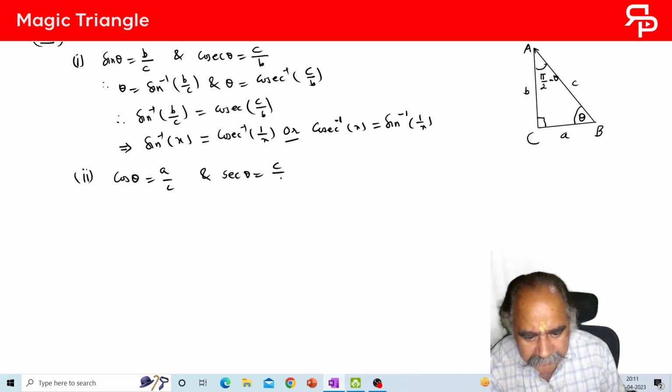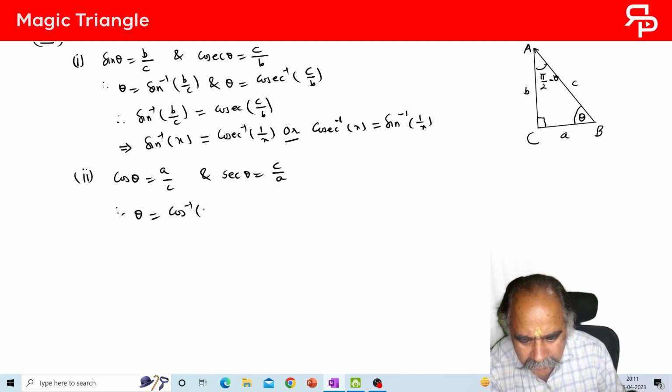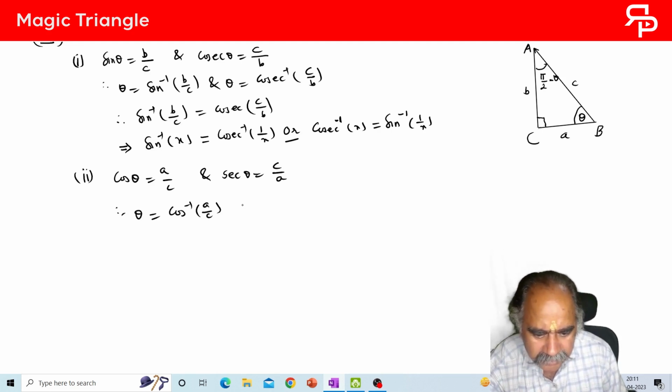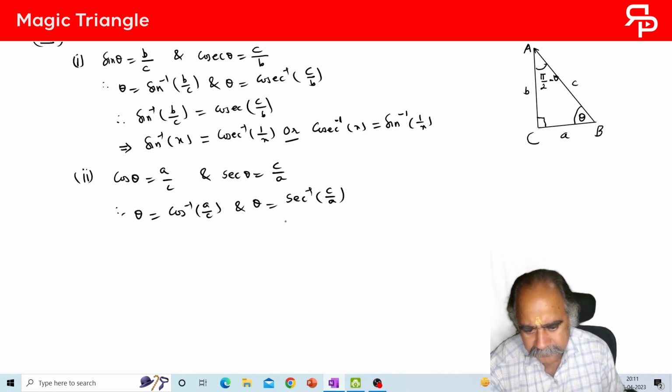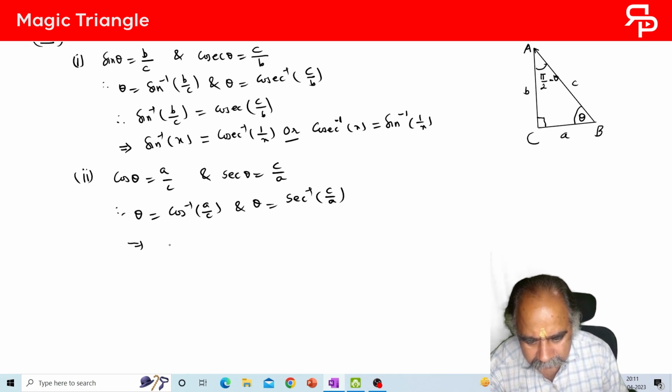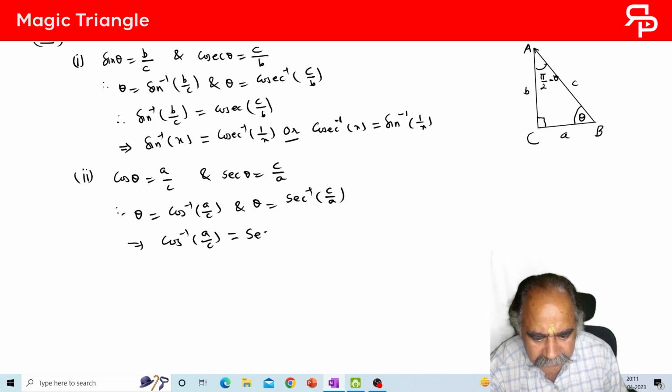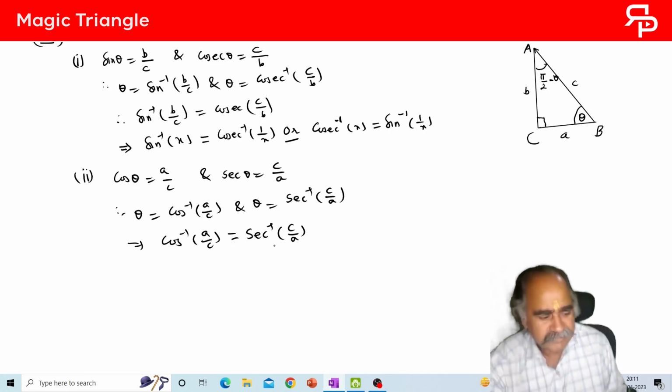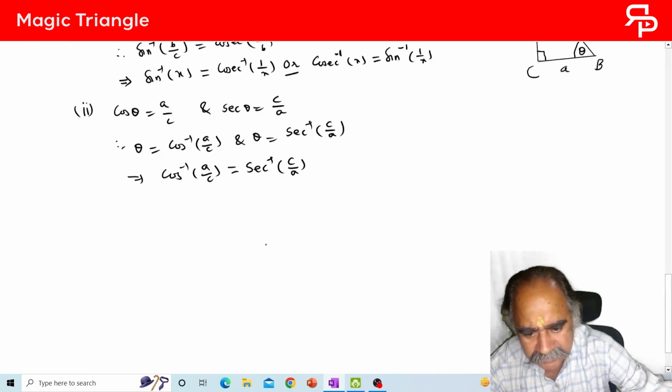It is C by A. Therefore, theta is cos inverse A by C, and theta is sec inverse C by A. This means cos inverse A by C is the same as sec inverse C by A. You can see A by C and C by A both are reciprocals of each other.